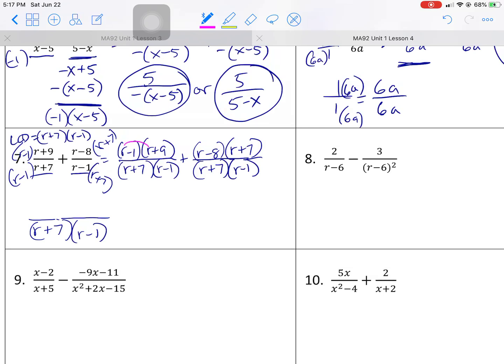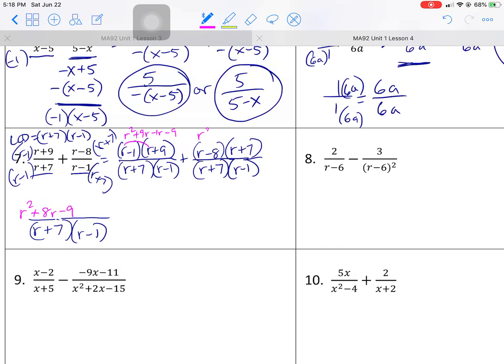All right, so this times that, so that's r squared plus 9r minus 1r minus 9. All right, so that's going to be r squared, combined like terms would be plus 8r minus 9.